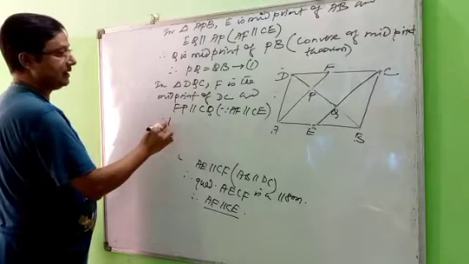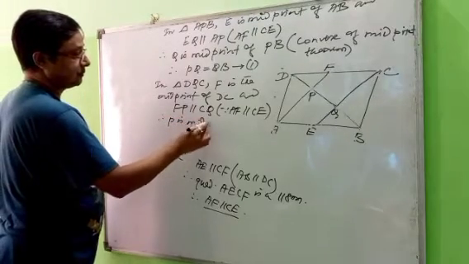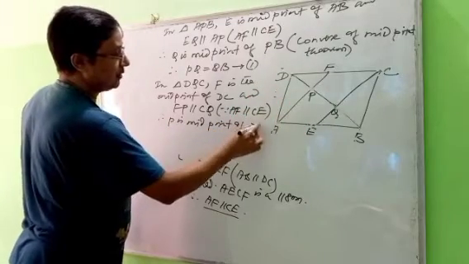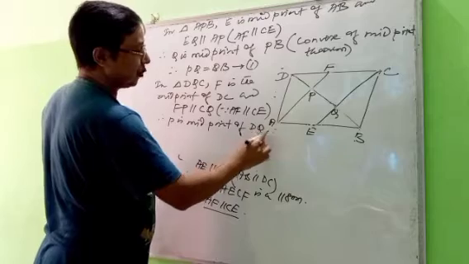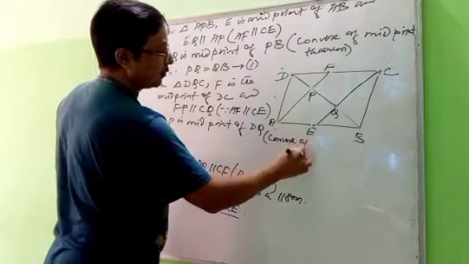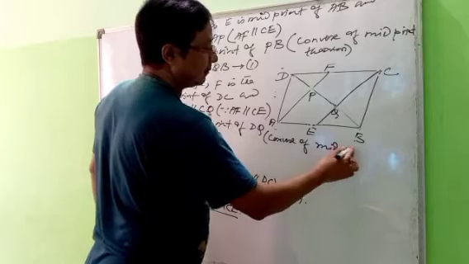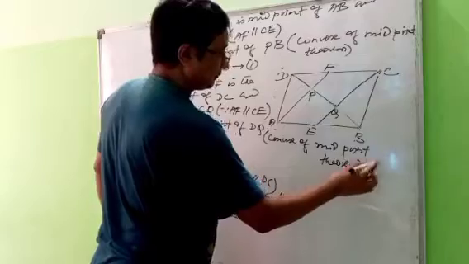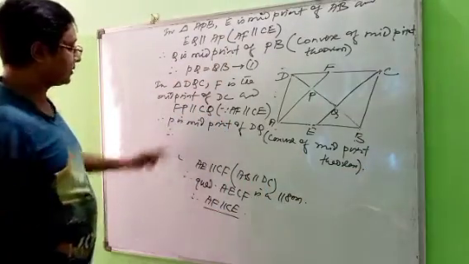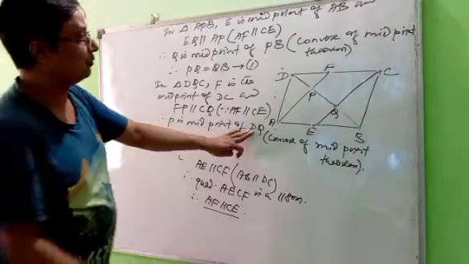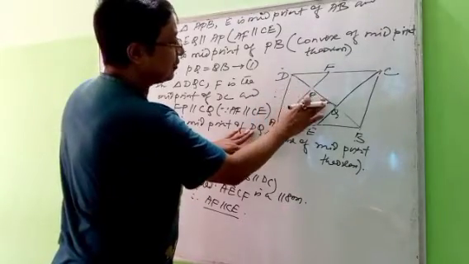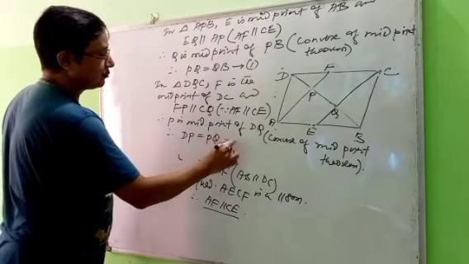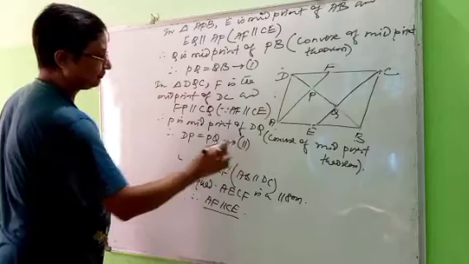Therefore P is the midpoint of DQ. This is also the converse of the midpoint theorem. Since P is the midpoint of DQ, DP equals PQ. This one is equation number 2.